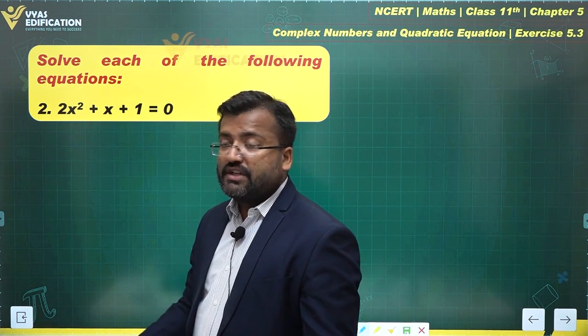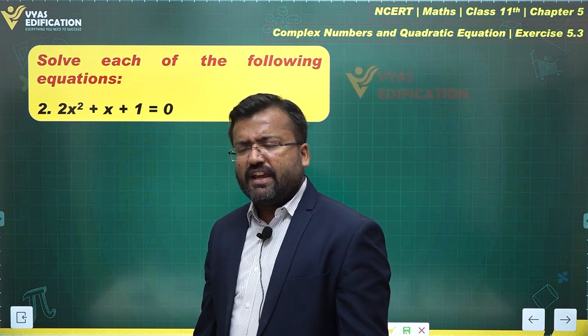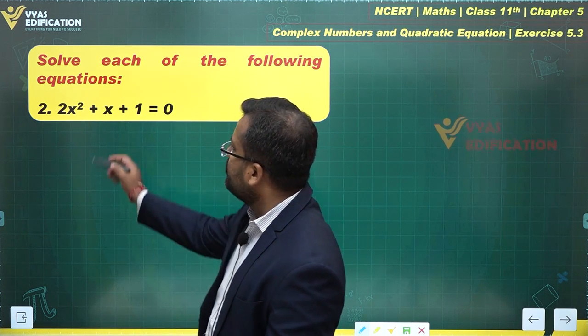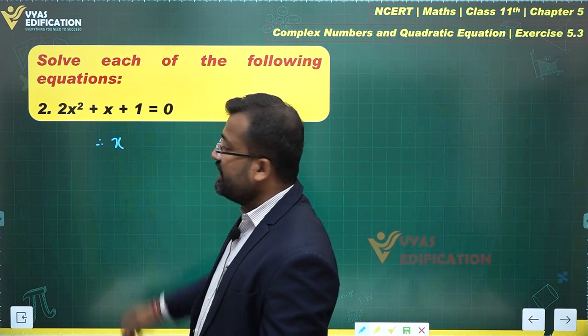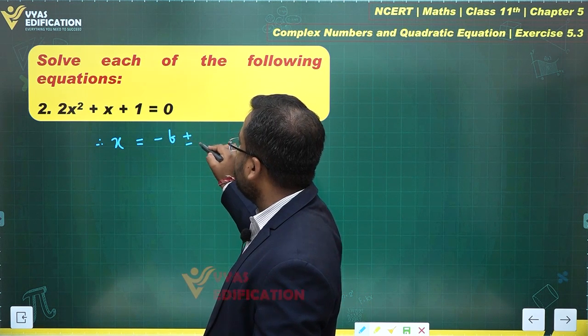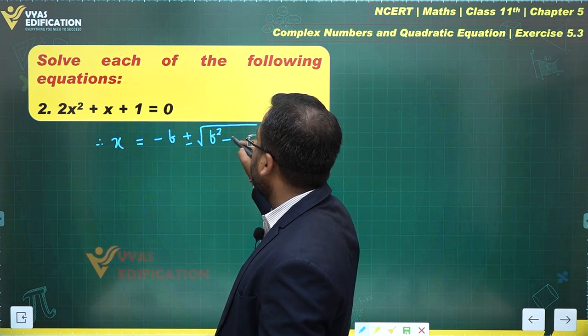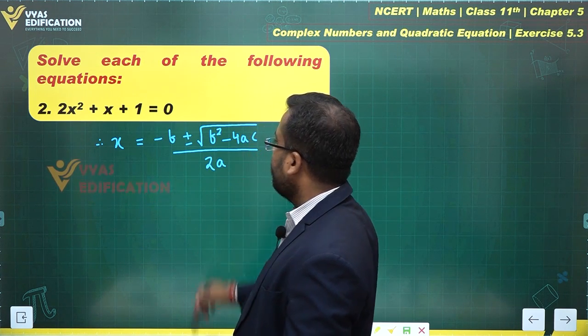This quadratic equation has 2x square plus x plus 1. It has an a term, it has a b term, and it has a c term also. So let's directly use the Sridharacharya formula and say that x equals minus b plus minus under root of b square minus 4ac upon 2a.